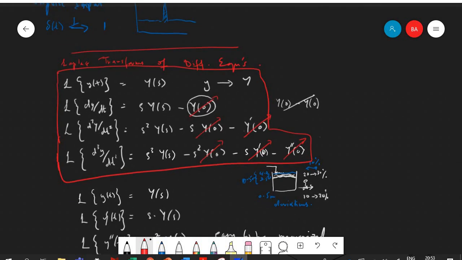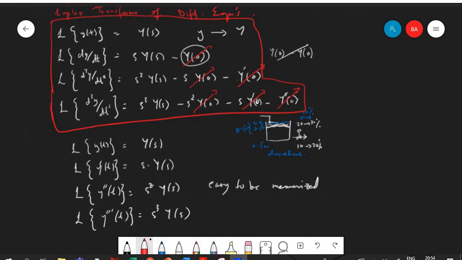So we are talking about Laplace and Laplace inverse. Of course, we're going to take the Laplace transform of differential equations to solve them, and when we do, these terms will appear in an algebraic format.